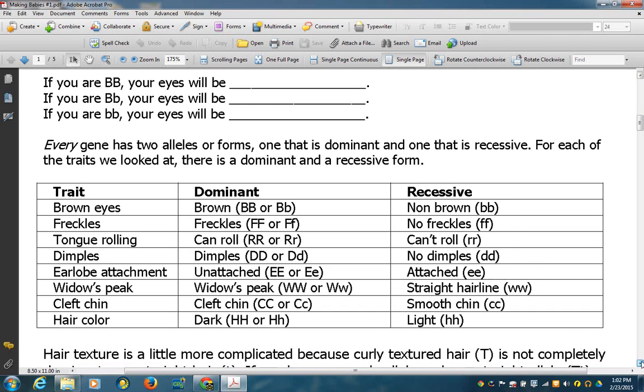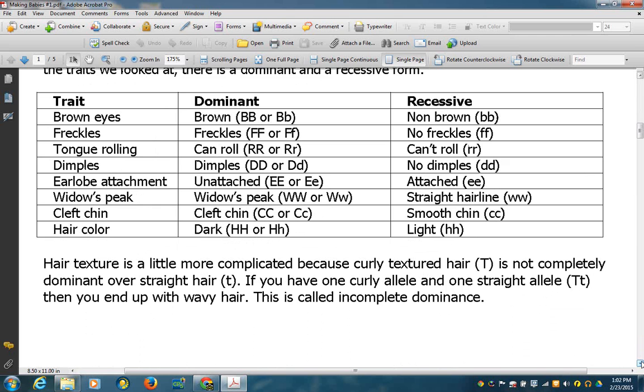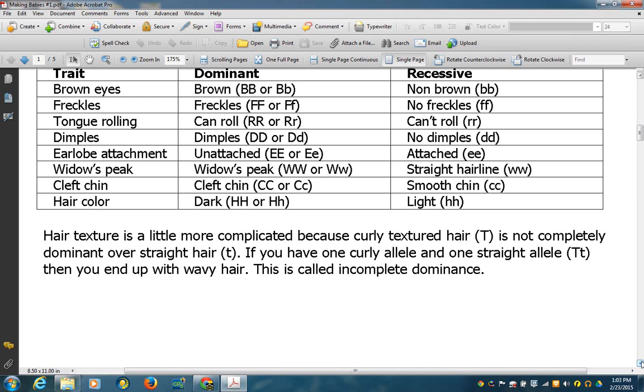Let's move on to hair texture. Hair texture is a little bit different because it is more complicated. Curly hair texture is not completely dominant over straight. If you have only one curly allele and one straight allele, you'll end up with wavy hair.